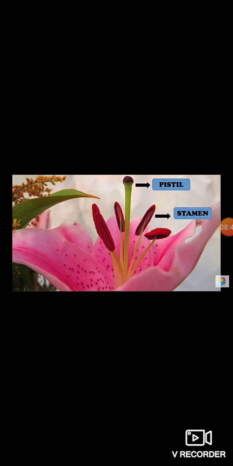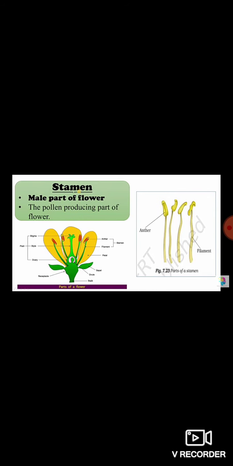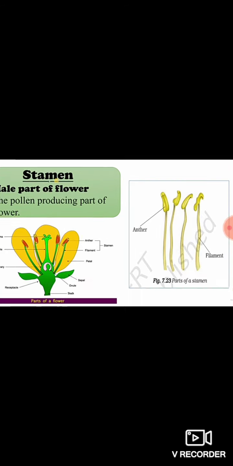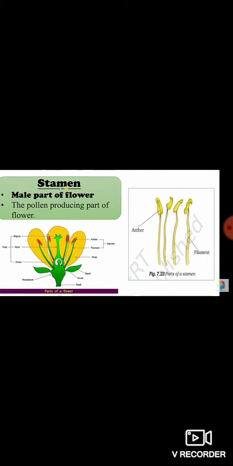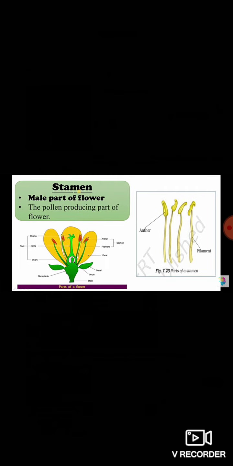So let's study about the stamen part. So stamen is the male part of the flower. It is the pollen producing part of the flower. This is stamen and it has two parts. This one is called anther and this is called filament. Anther produces pollen grains. Alright.